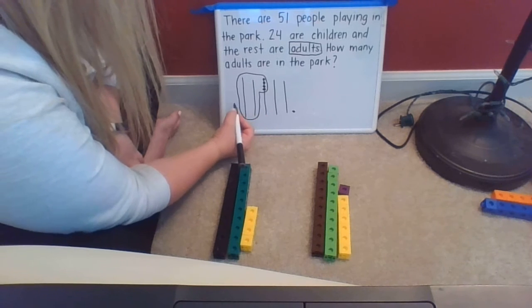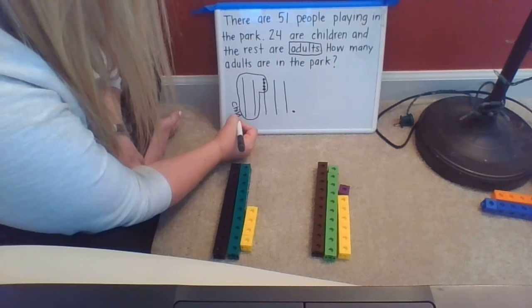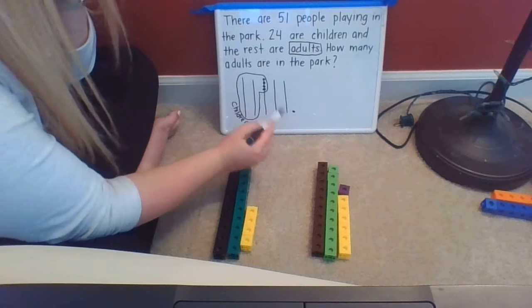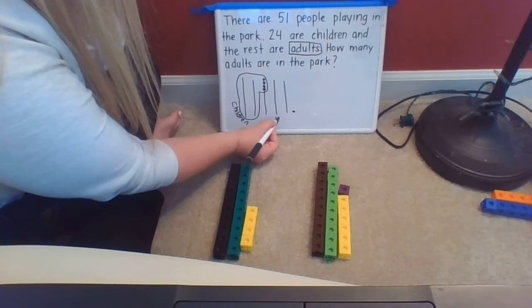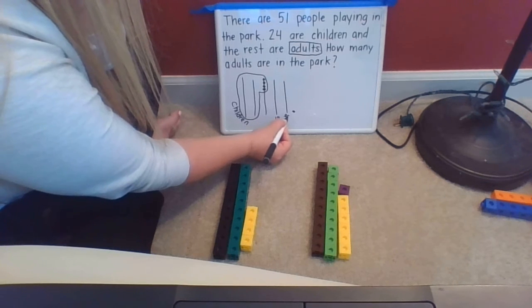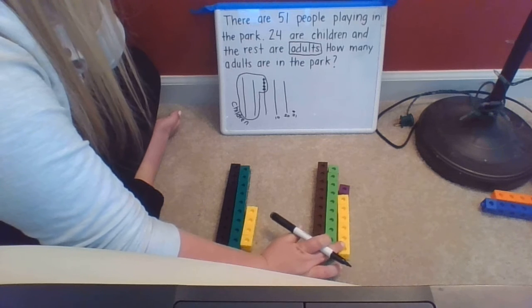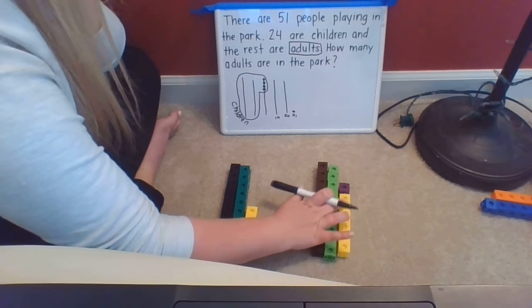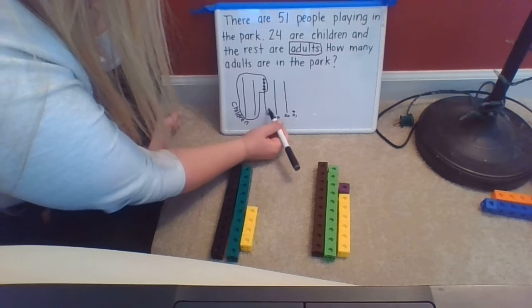I'm going to write CH. Actually, I'm going to write the whole word, children. So I remember what that is. Then I can remember that the rest of them are the adults. And I can count starting with my tens. 10, 20, 21. I have to remember on my cubes, 21, 22, 23, 24, 25, 26, 27.